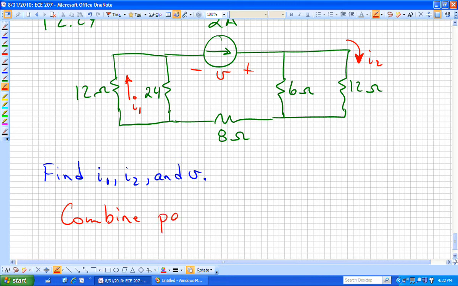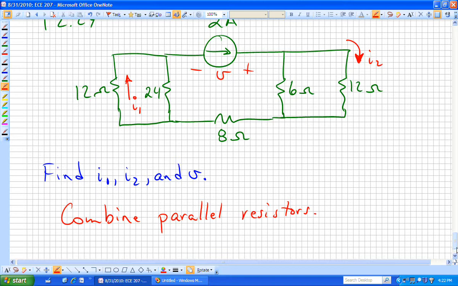the parallel resistors. And I sub 2, I'm going to call those R sub 2 equivalent on the right-hand side. And because I1 is on the left, I'm going to call that combination of 12 and 24 in parallel R sub 1 equivalent.